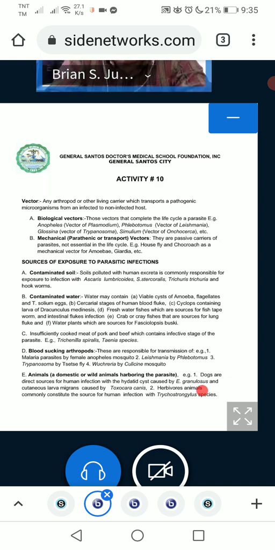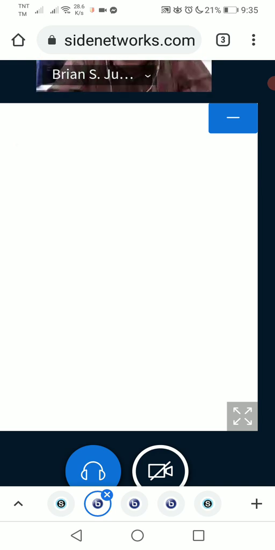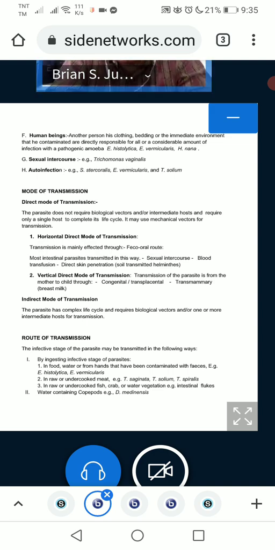Next, we have human beings as another source of infection. Class, take note, pwedeng clothing, beddings, or the immediate environment that he contaminated are directly responsible for all or a considerable amount of infection with pathogenic amoeba.